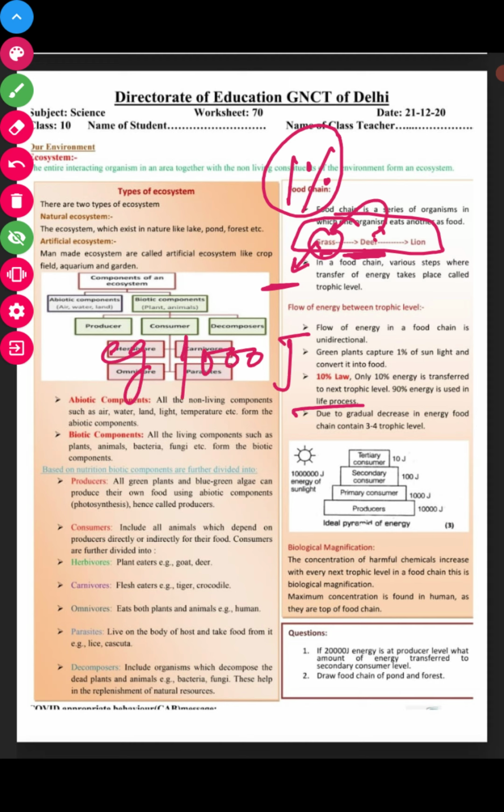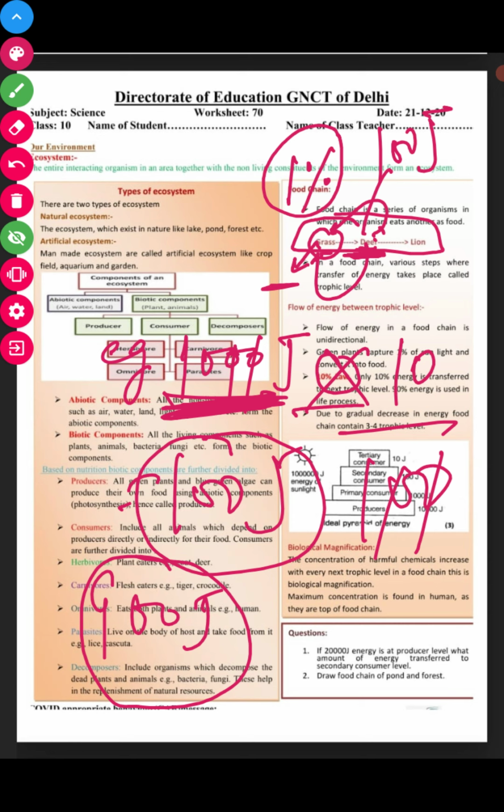Now the question arises: what about the 900 joule of energy which is left after we subtract this 100 joule? This 900 joule of energy is consumed by the plants only, which are called producers, to perform their various life processes like respiration, conduction, and digestion.